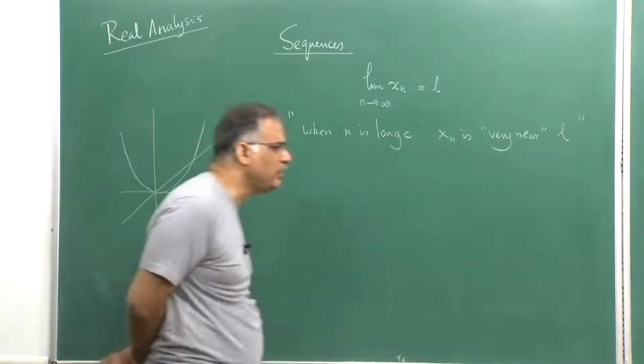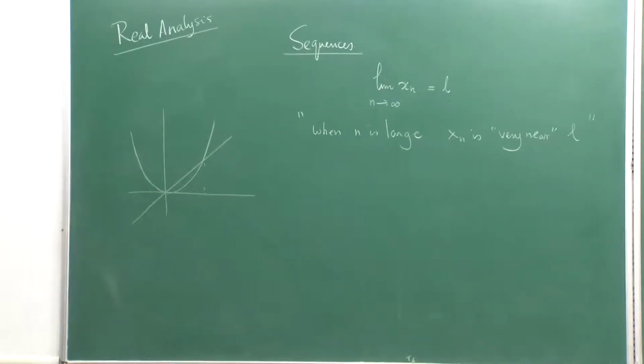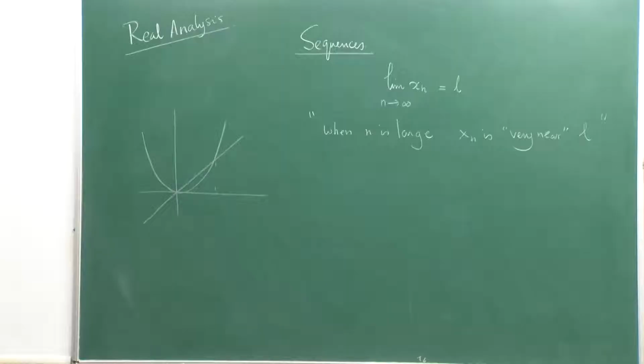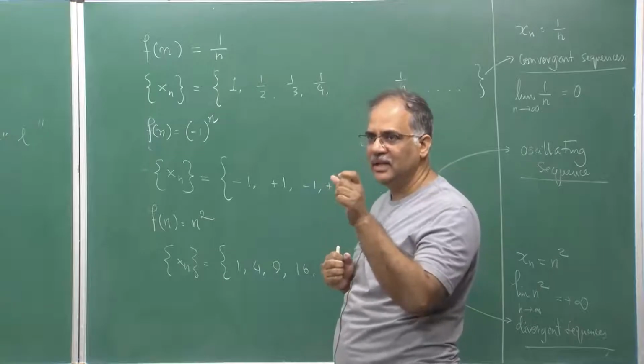So, when I have this meaning, how do I translate it into mathematical language? I give you a distance, and ask: for what n is the distance between xn and L less than a given epsilon?